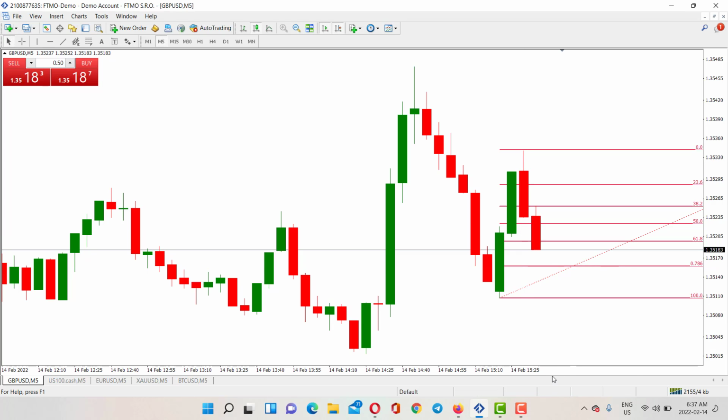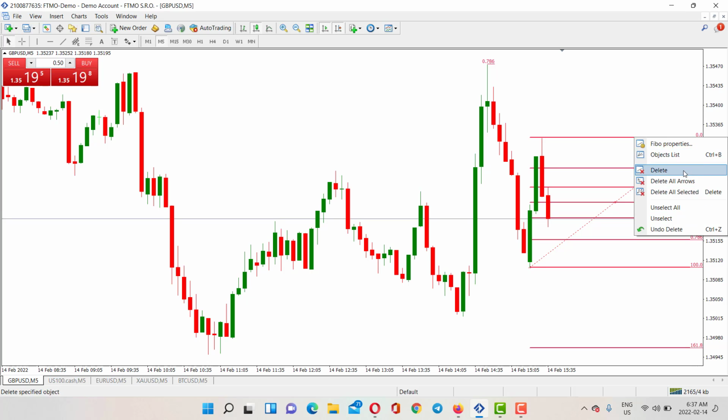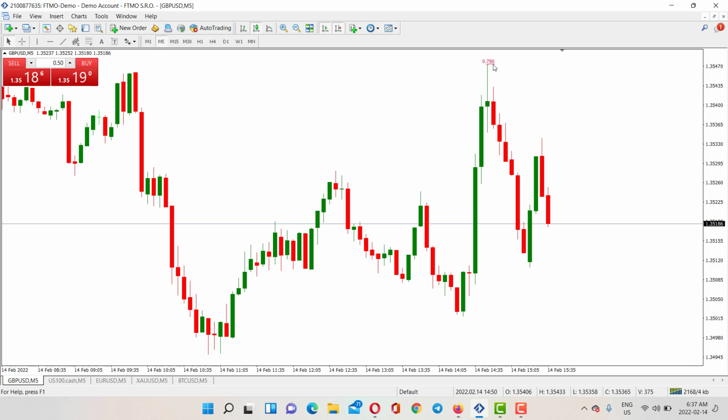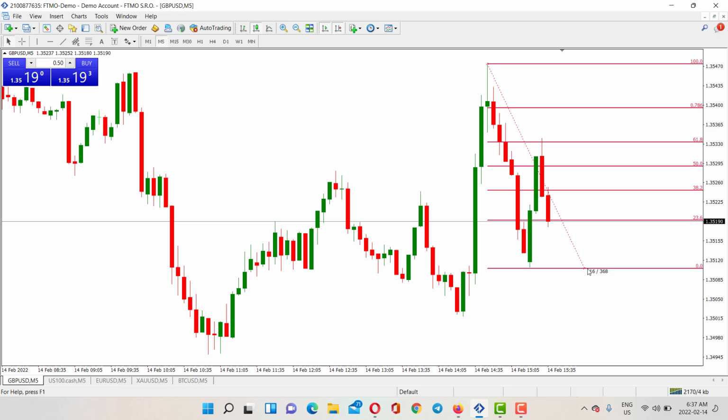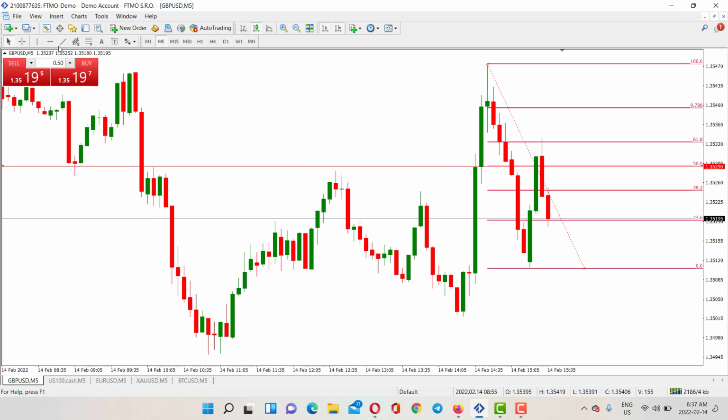I don't know how long it's going to go, but if you pay attention to this Fibonacci, let me just delete this one here. From all the way, you see that the golden zone for bearish is already respected. See, this is already respected.